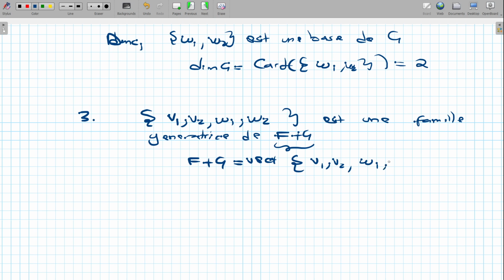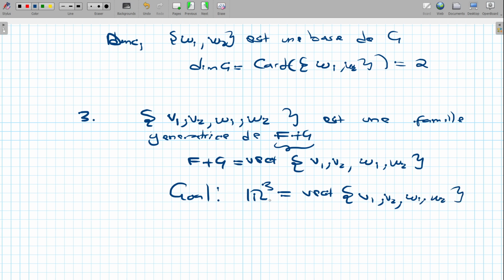The goal is to show that R3 is also equal to vect of V1, V2, W1, W2. In other words, we're supposed to show that the sum of the two vector spaces is equal to R3.